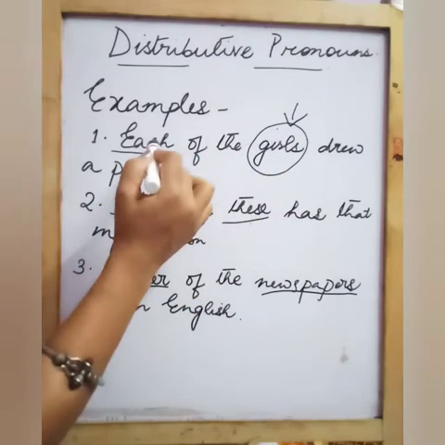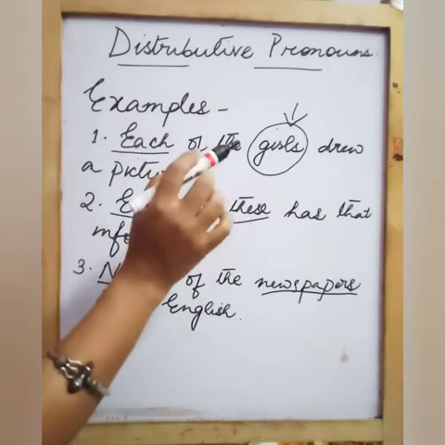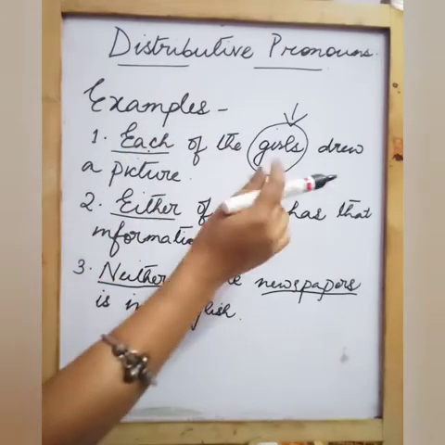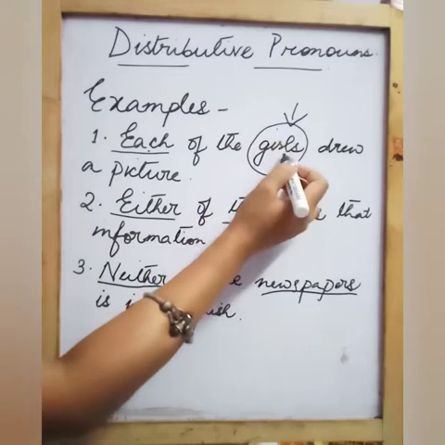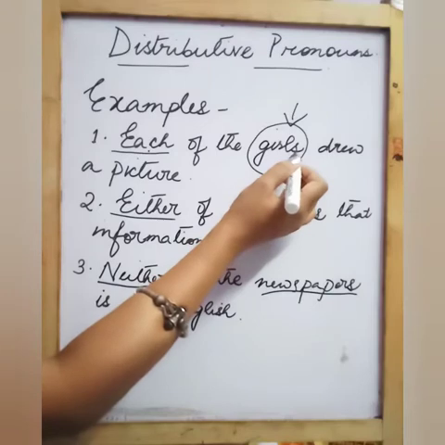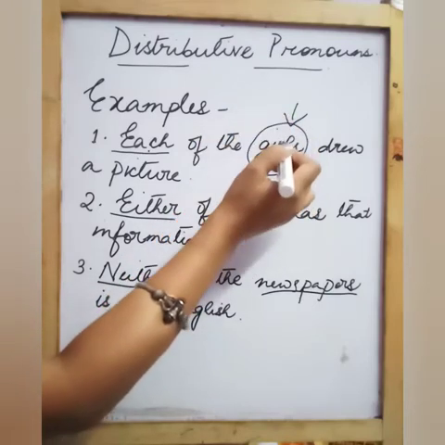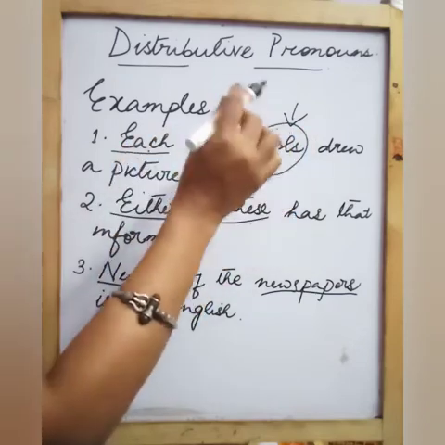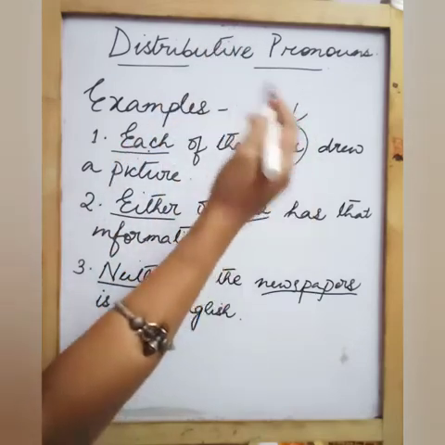All right. So each of these girls is a distributive pronoun. Each is the distributive pronoun here. When in a group of girls, here the group of girls is what? It is the representative group. So when in each of these girls, we are saying that each of the girls will have drawn the picture.